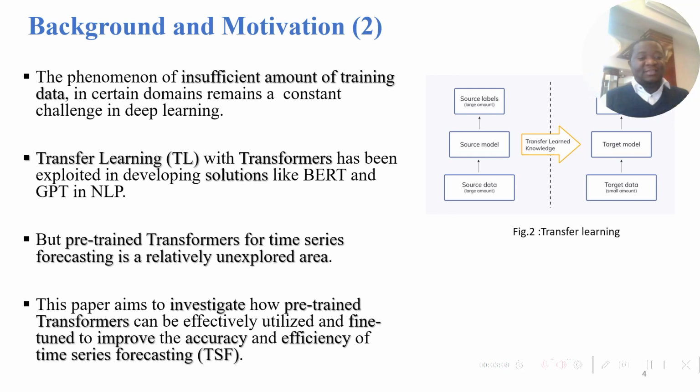But pre-trained transformers for time series forecasting is an area that is not yet explored. In this paper, we aim to investigate how pre-trained transformers can be effectively utilized and fine-tuned to improve accuracy and efficiency in time series forecasting.